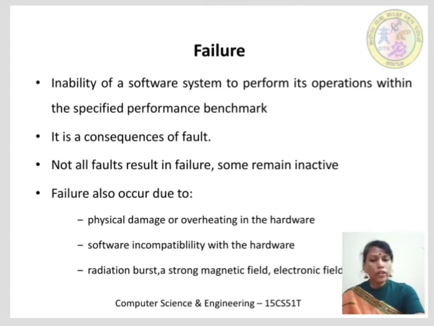If the software is not compatible with the hardware, then also the system performs unexpectedly. Failures also happen due to environmental conditions like a radiation burst, a strong magnetic field, electronic fields, or pollution, which could cause faults in hardware or software.